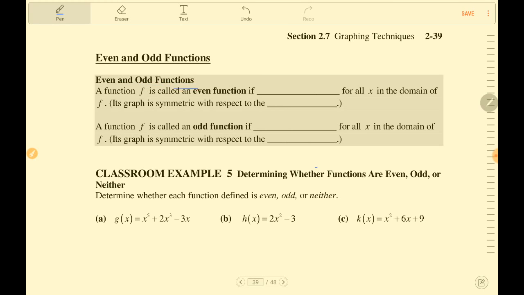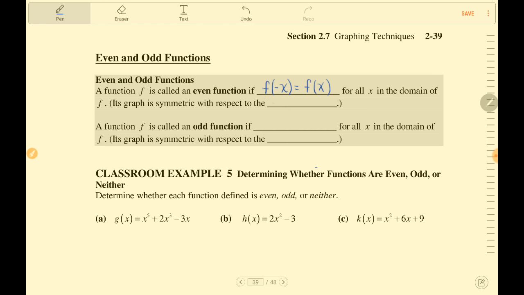Even and odd functions: a function f is called an even function if, when you plug in a negative x, in other words, if you change the sign of x, your y value will be the same as if you did not change the sign of x.